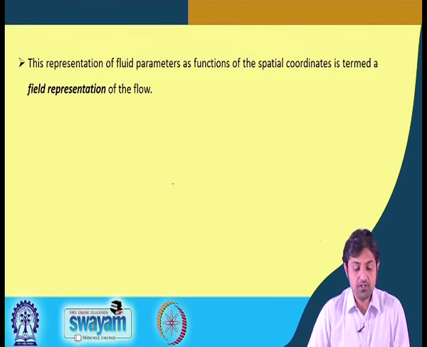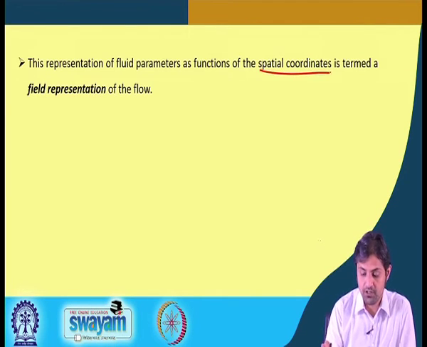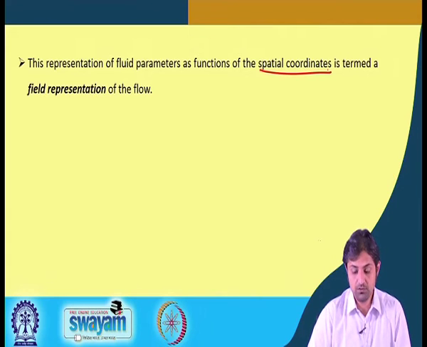So this representation of fluid parameters as function of spatial coordinates is termed as field representation of the flow. Spatial coordinates, so that is with respect to the space, so in terms of x, y and z.